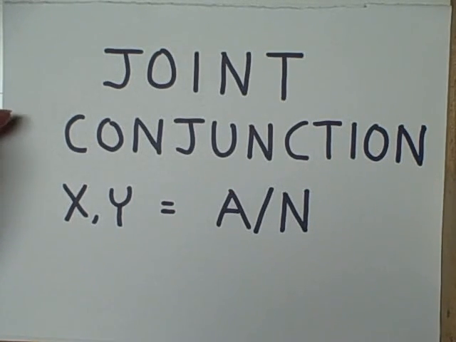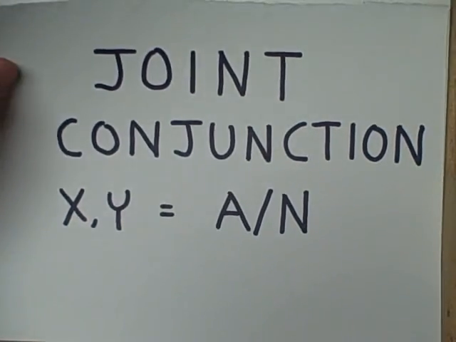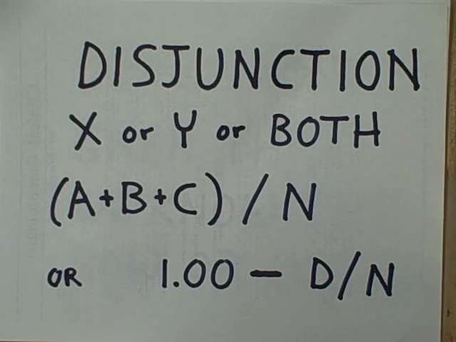Then let's take a look at how we would get some other probabilities, such as the disjunction, x or y or both occurring simultaneously.